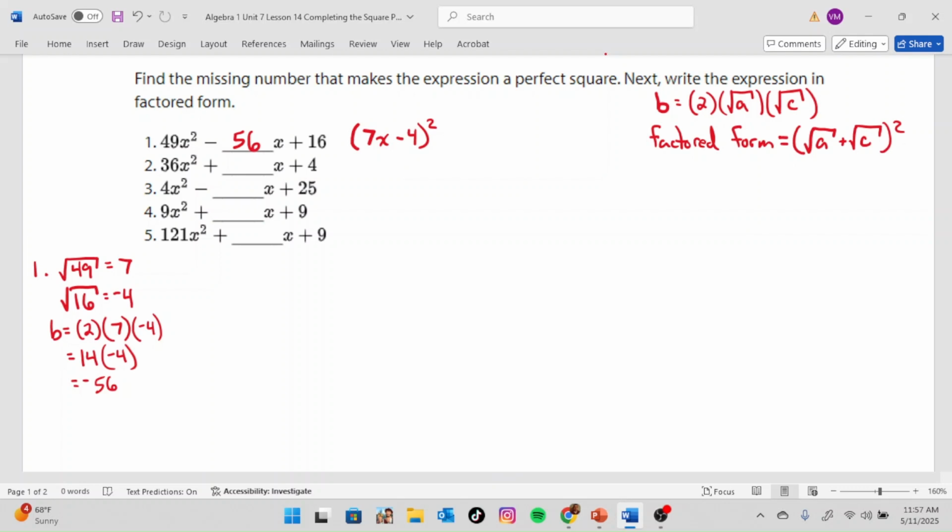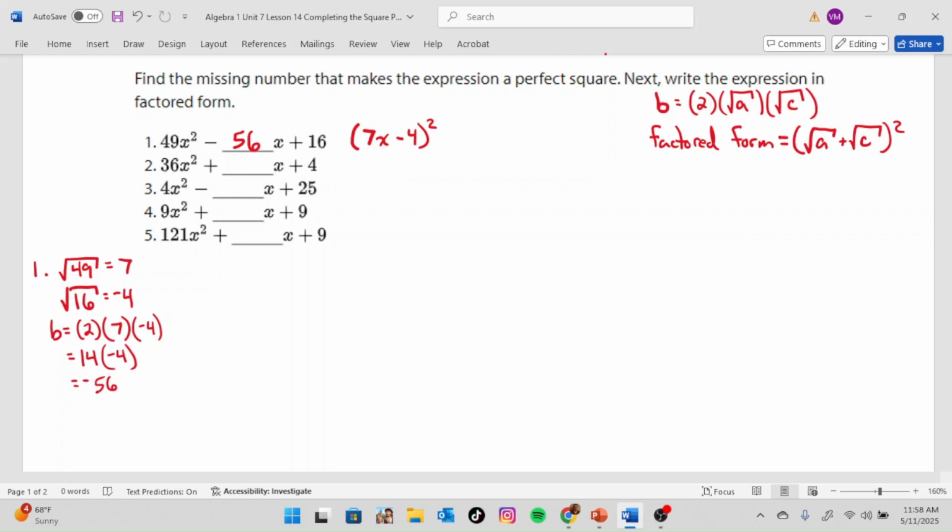If we want to check ourselves, 7x times 7x is 49x squared. 7x times negative 4 is negative 28x. Then we would do that again.